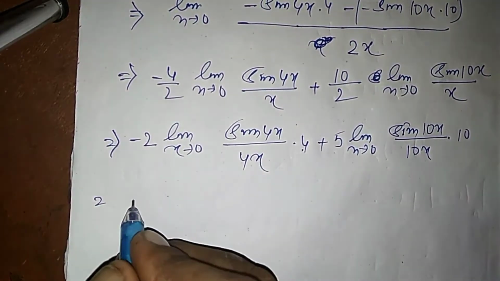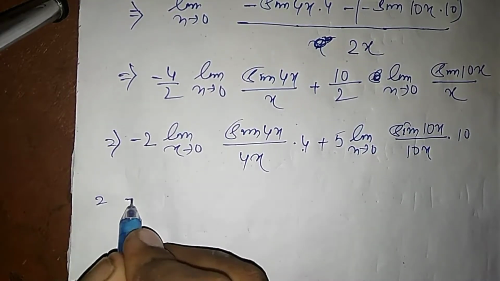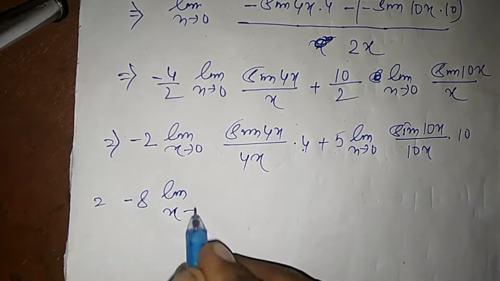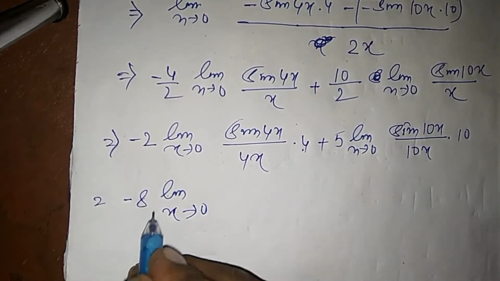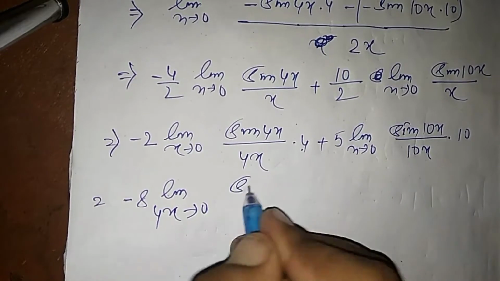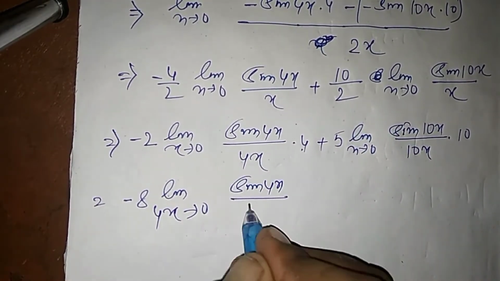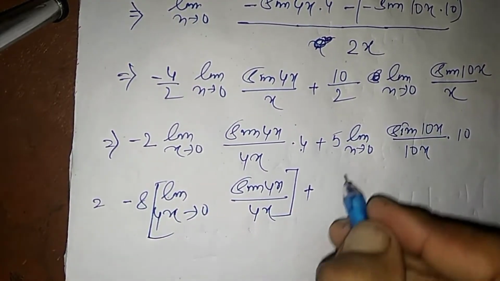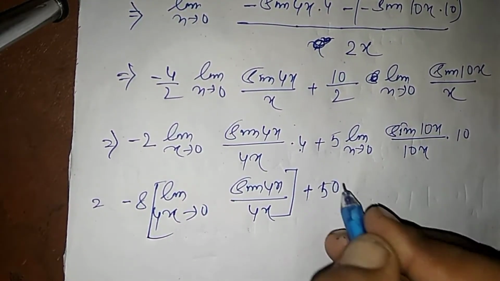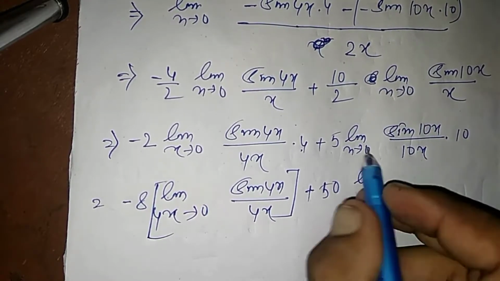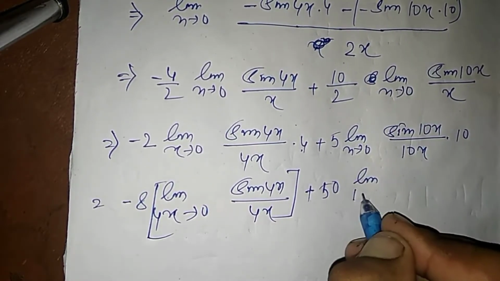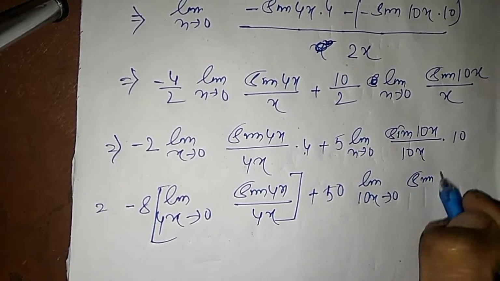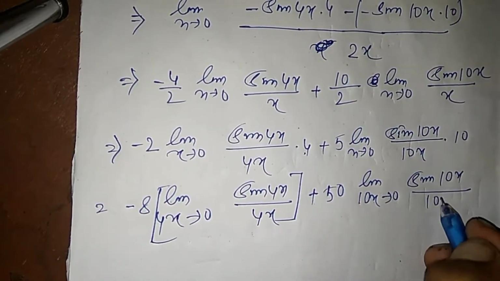Now I will separate it again. So here 8 times the limit as 4x tends to 0 of sin 4x upon 4x, plus 50 times the limit as 10x tends to 0 of sin 10x upon 10x.